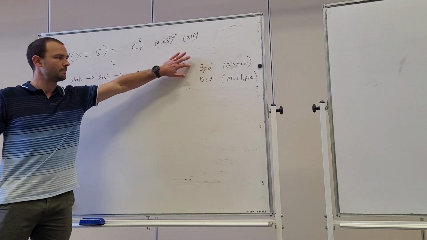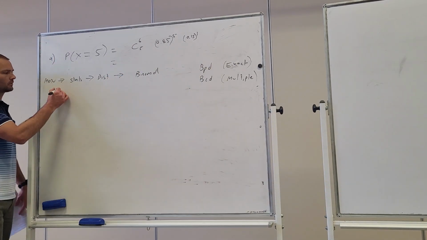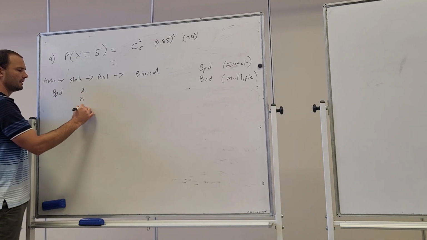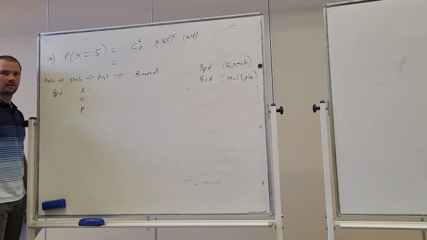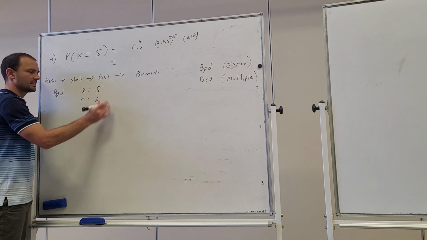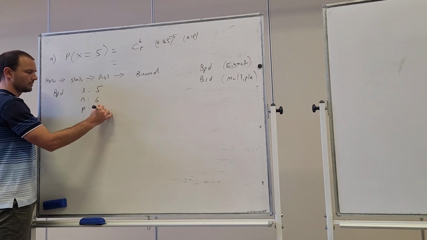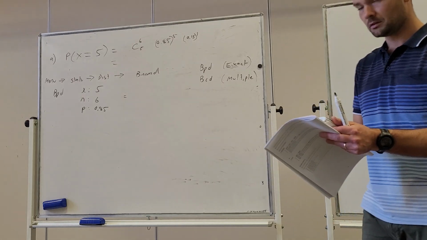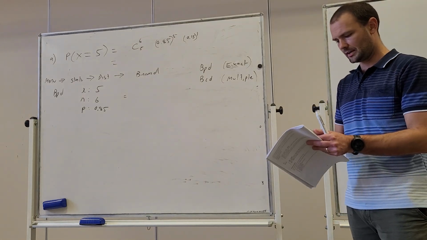And so if we press BPD, it pops up with these options, X and P. X is the number of successes, N is the number of trials, P is the probability of success. And we'll evaluate that. You might need to change the setting.